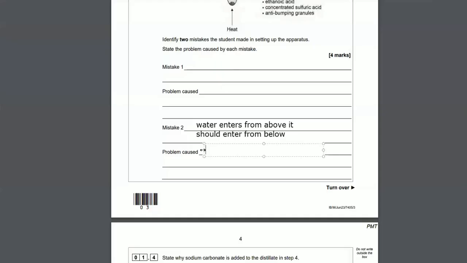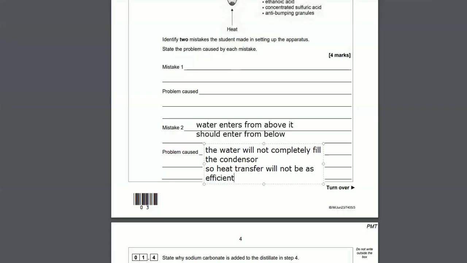And the problem caused here is the water will not completely fill the condenser. So heat transfer will not be as efficient. Groovy. That's quite common on these questions on practical apparatus.